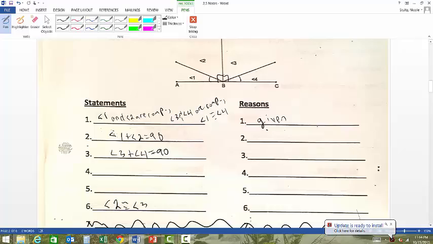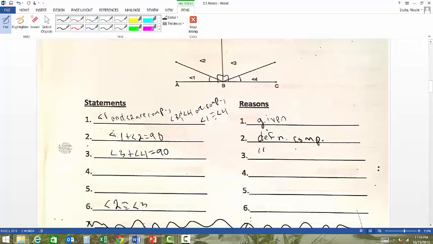And the reason is actually going to be because of the definition of complementary. And if you think about it, it makes sense, because if you didn't know what complementary meant, you couldn't write that equation.